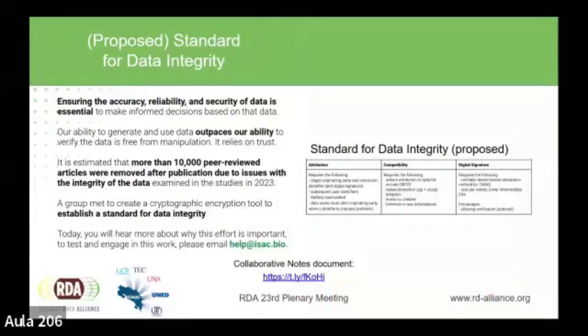And so as we dug into this and started to look at what constructs could help in this area, one of our colleagues shared that in one analysis, above 10,000 peer-reviewed articles and publications were removed because of issues with the integrity of the data.